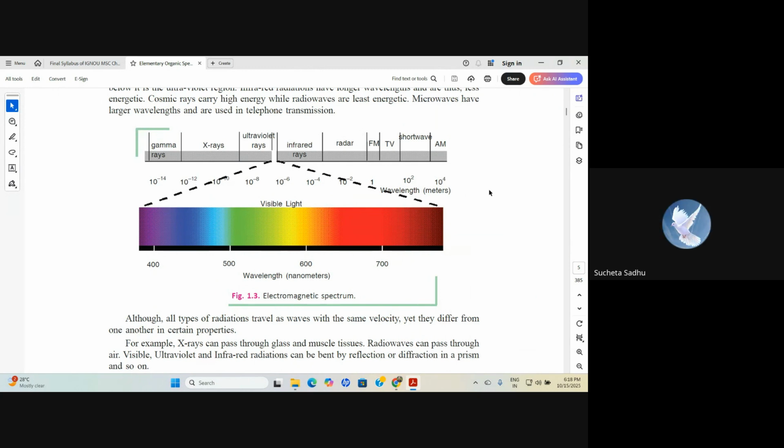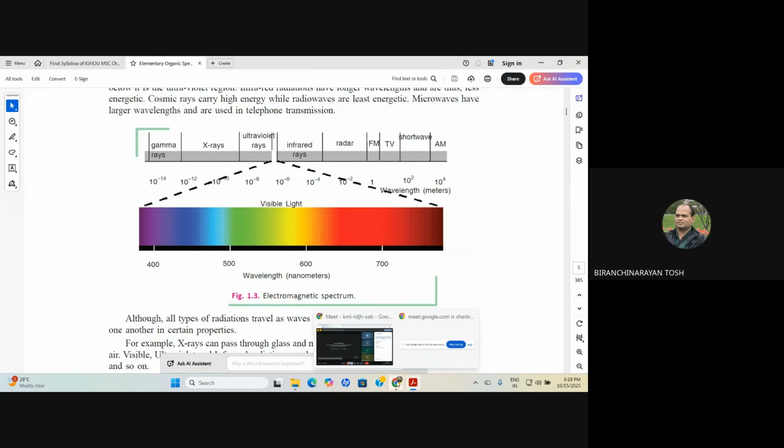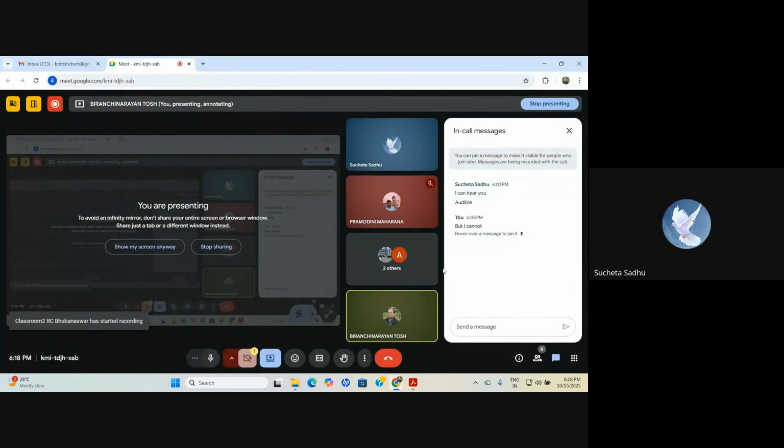Sir, the screen is not visible. Pardon? The screen is not visible. Initially it was visible, wasn't it? Yes, sir. Now it vanished, it got stuck.